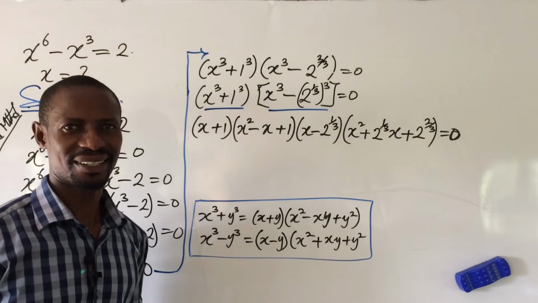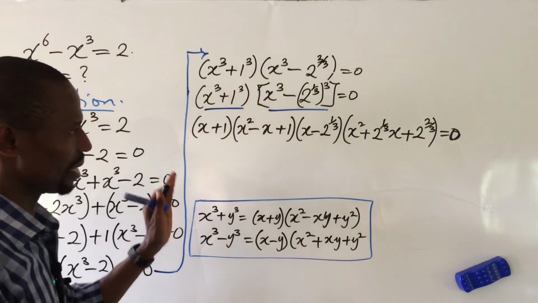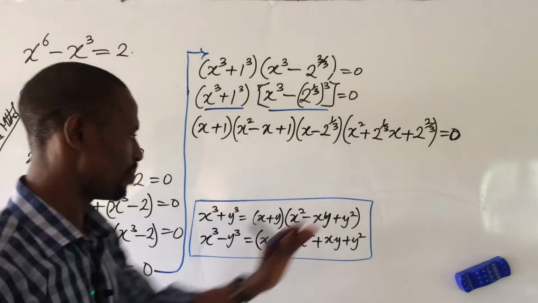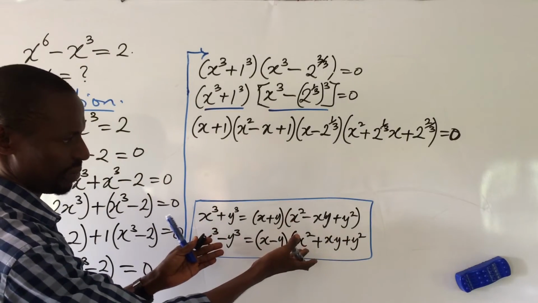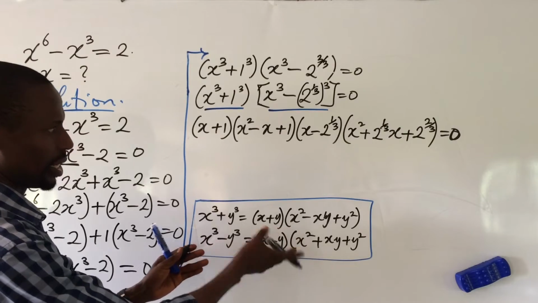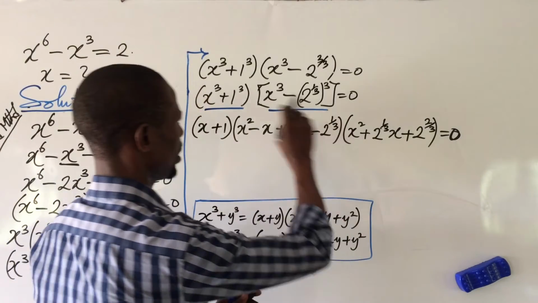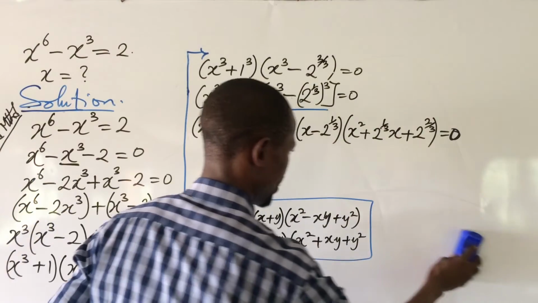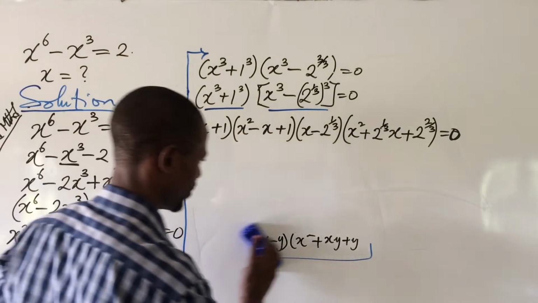Very easy. Any confusion? Just take time to digest this. It's very simple. Using these special identities to write this, the whole of this is going to give us this. So let's erase this from the system.